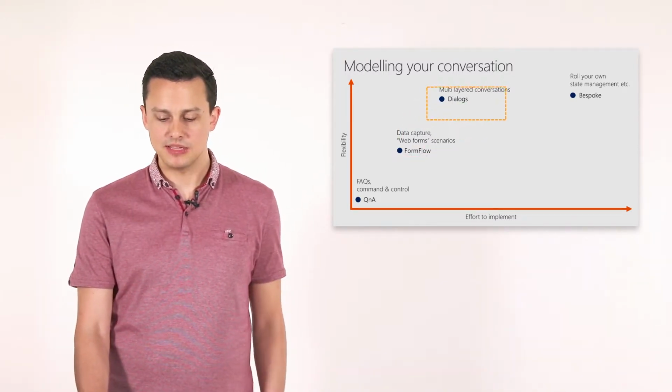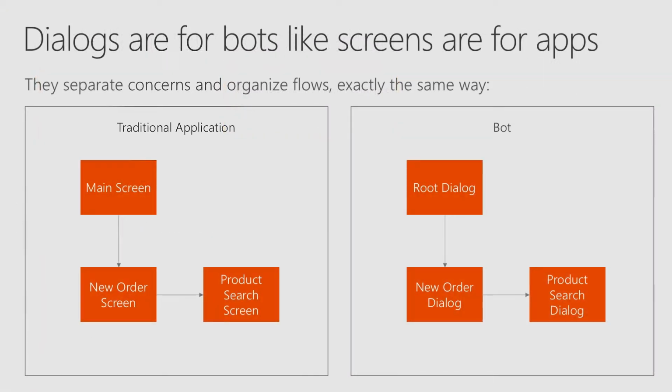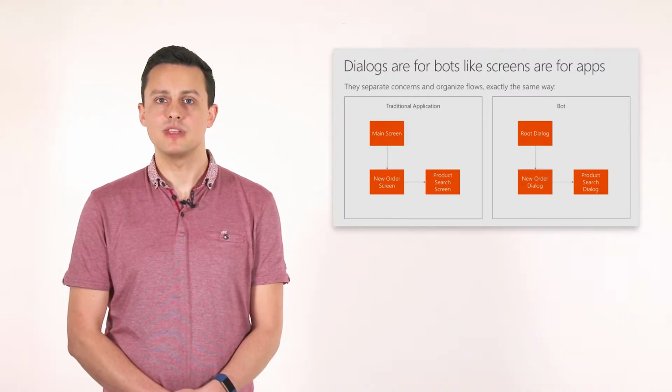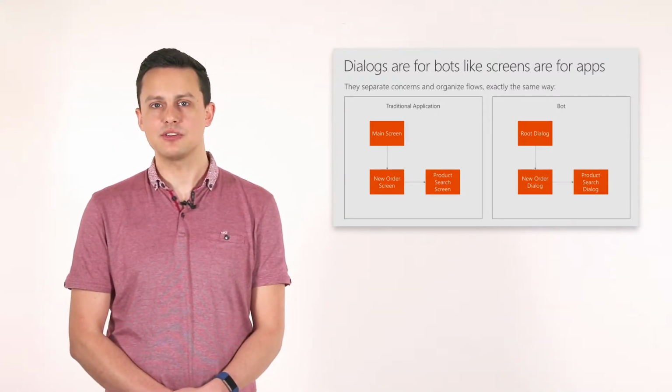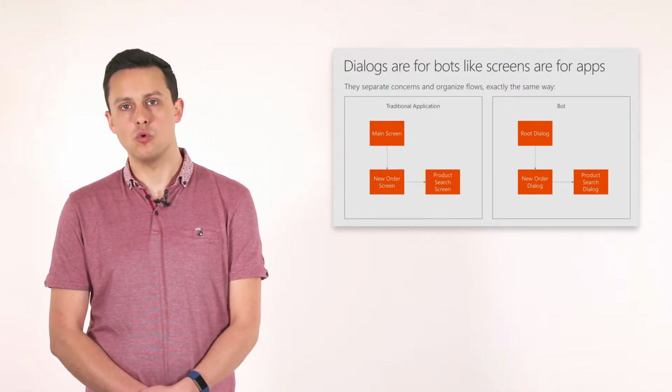The next concept that's really important to recognize are dialogues. If you think about a traditional application, it has many screens or many dialogues to take you through. For example, if you are opening an ordering application, you might start on the main screen. The next window might be a product order screen.